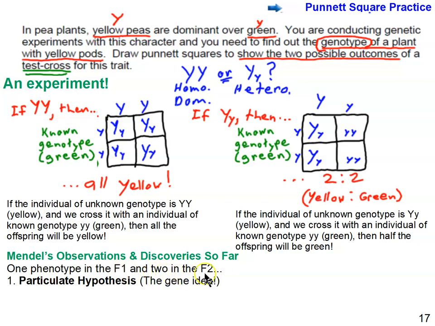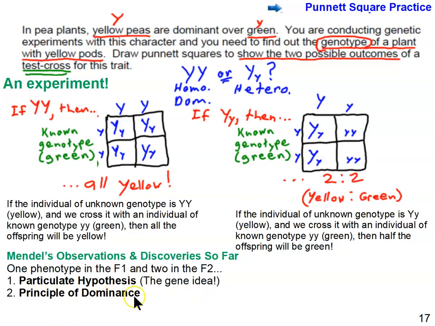In other words, the recessive trait reappeared. That's what led him to conclude that the particulate hypothesis, or the gene idea, is the correct one, not the blending hypothesis. So these results supported the particulate hypothesis, that there are genes, there are particles, there are alleles that pass from parents to offspring.